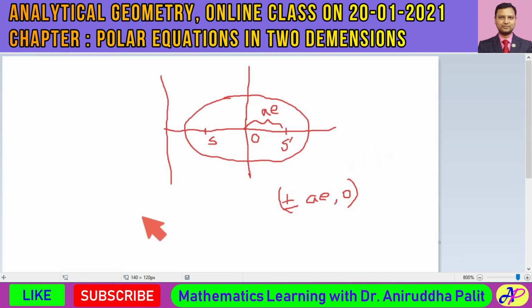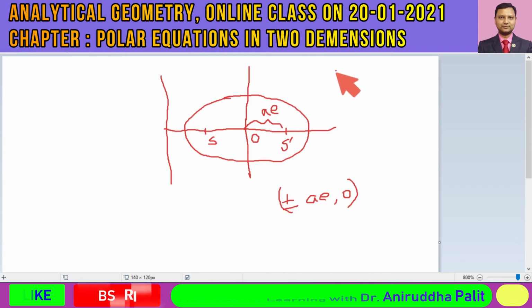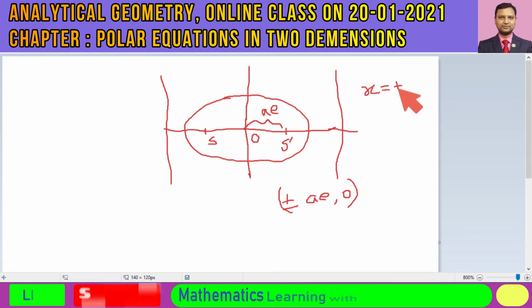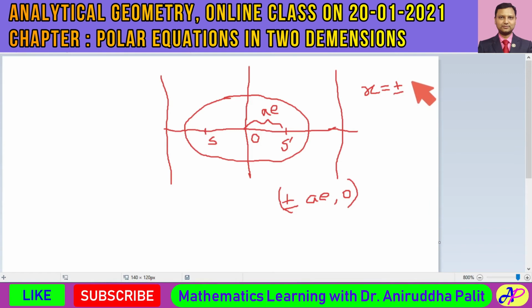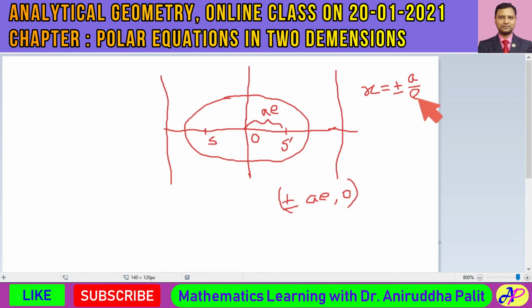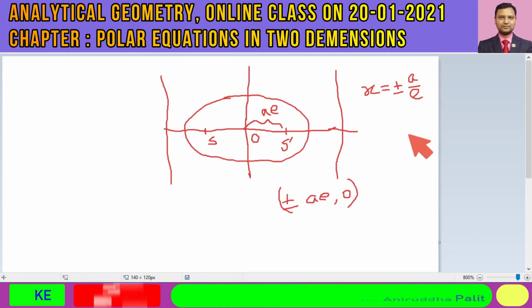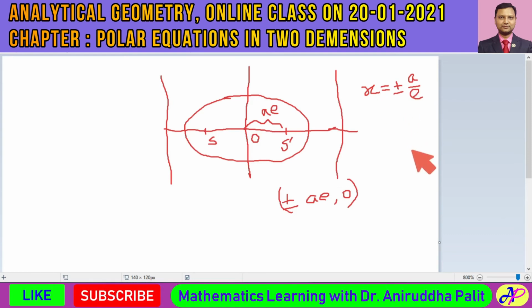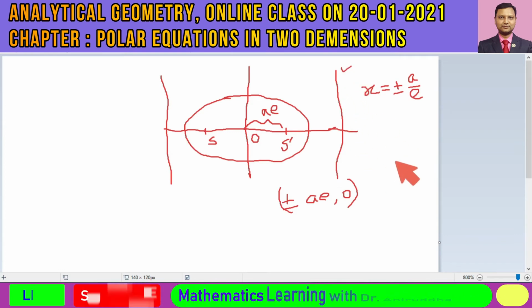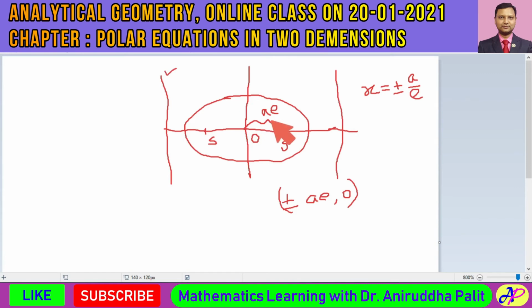And we had one more result, that the equations of these two directrices are x is equal to plus minus A divided by E. This directrix stands for plus, and this directrix stands for minus.